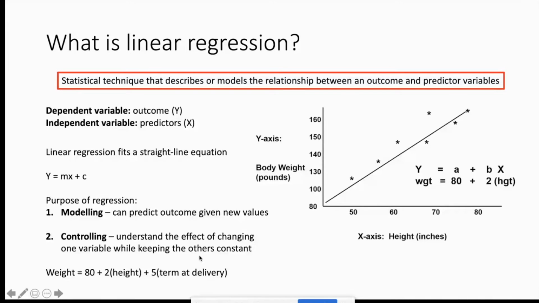Okay, so we can see that we can control for variables using linear regression. So there's an increase of 2 for every unit increase in height. So this is really the purpose of a regression model: to build the model, and then we can understand the association between outcomes and predictors, but we can also control for other variables.